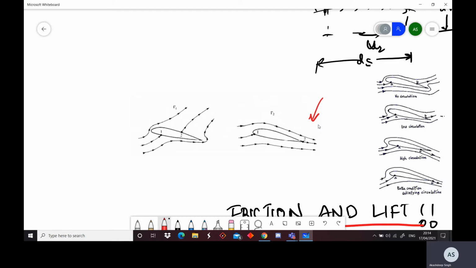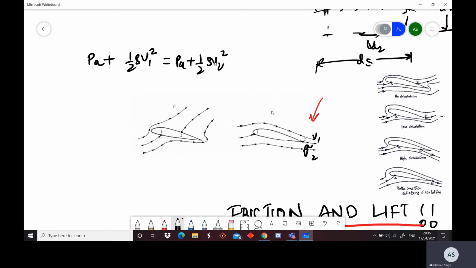How do we prove this mathematically? Let's say the trailing edge is called A. Bernoulli's equation states that PA plus half rho V1 squared, where the top is leaving at V1 and the bottom is leaving at V2, is equal to PA plus half rho V2 squared.